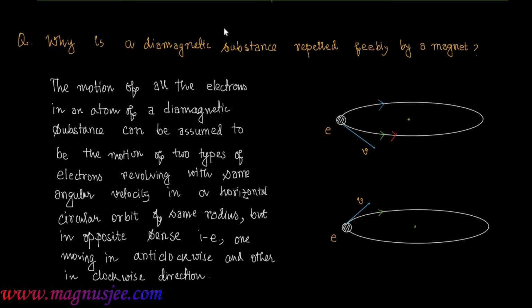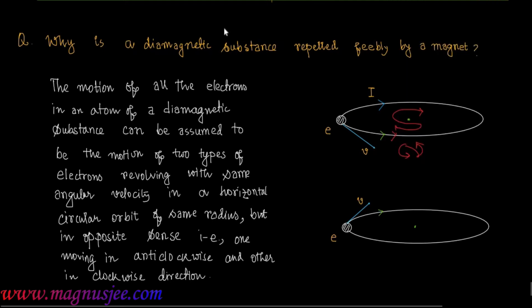As the electron revolves in the anti-clockwise direction, the current due to the flow of this electron will be flowing in the clockwise direction.